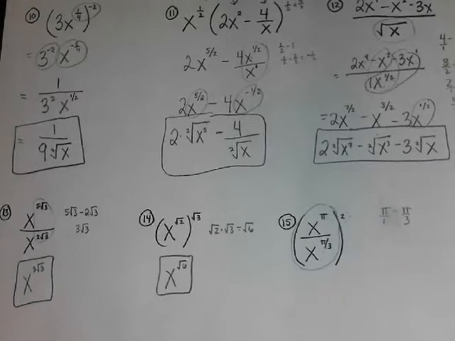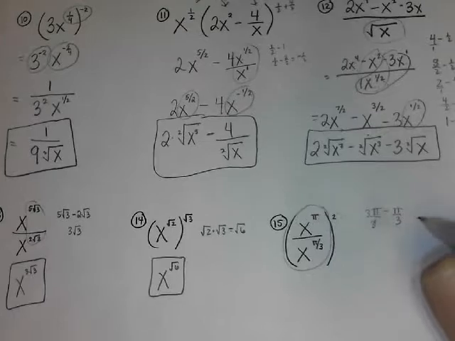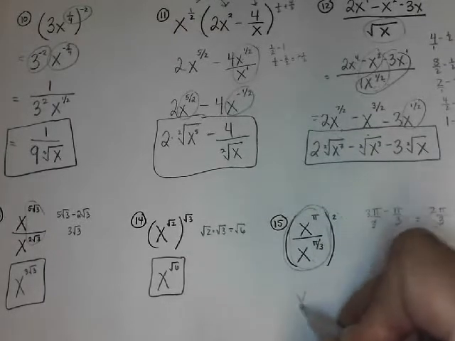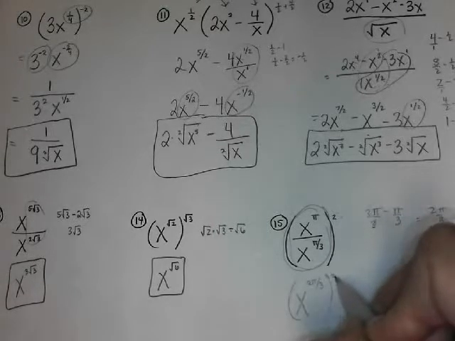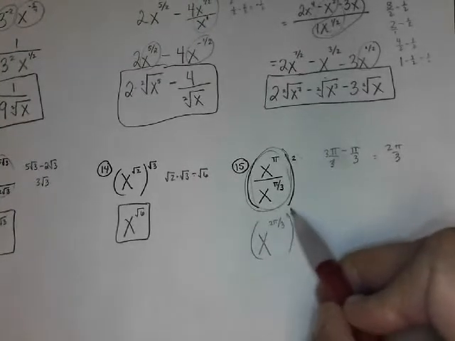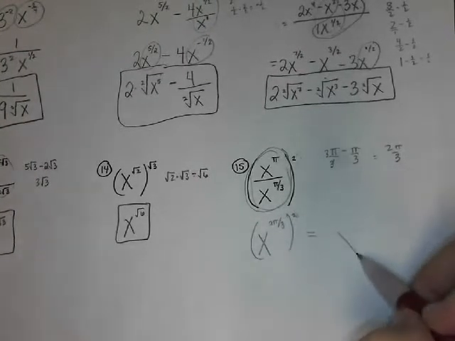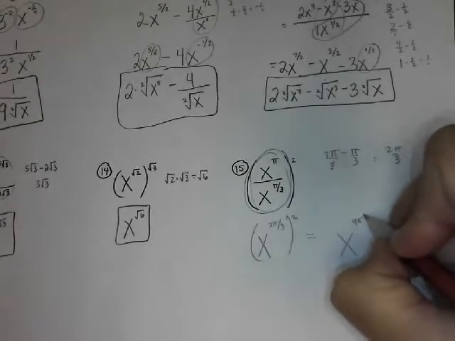This is technically over 1 right now. So that's going to be 3 pi over 3 minus pi over 3, which is 2 pi over 3. So this is going to be x to the 2 pi over 3. And then when we square it, we're going to raise a power to a power, which means multiply. So 2 pi over 3 times 2 is 4 pi over 3.